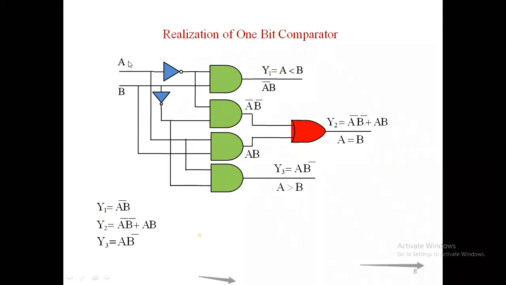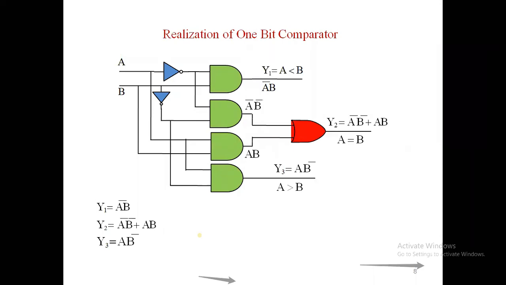So here we have to pass the values. For the 1-bit comparator, A value is 1, B value is 0. A value 1, B value 0. So 1 is less than 0. Is the condition true or false? 1 is less than 0. Condition is false.